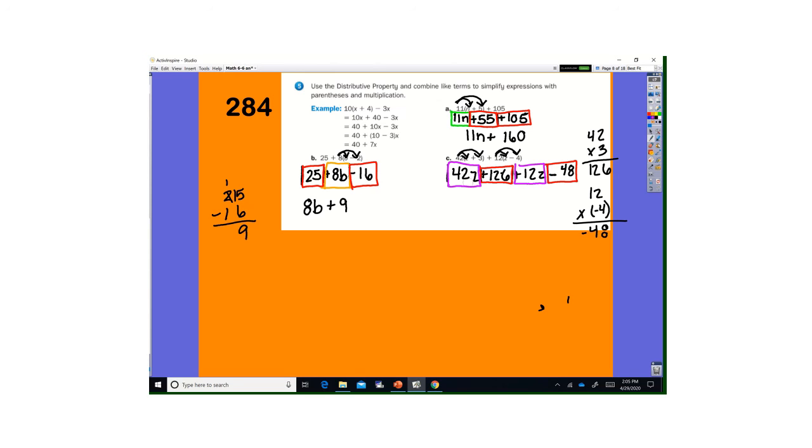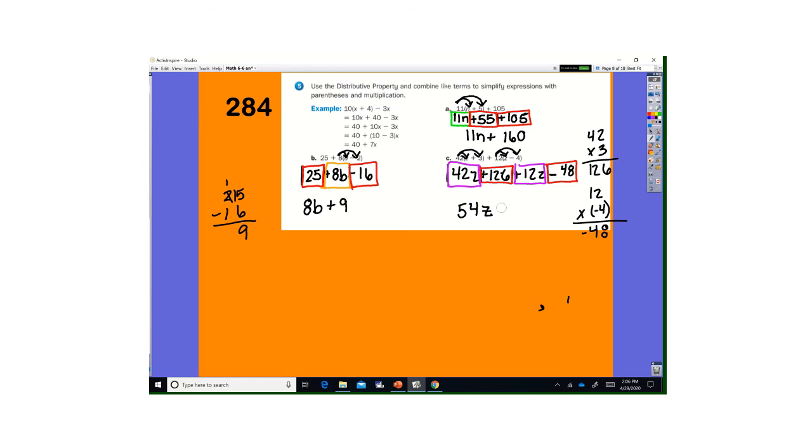So we have 42z plus 12z. So I'm going to change my pen to black. So that gives us 54z. An easy way to do that is think 42 plus 10 more, that gives me 52. Add 2 more to that, that gives me 54z.